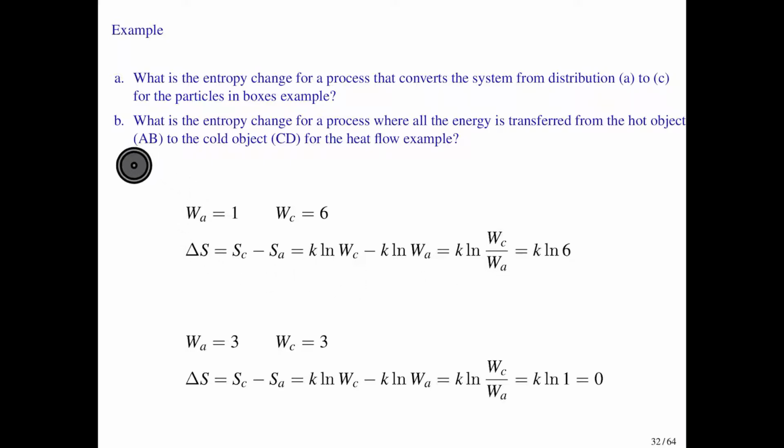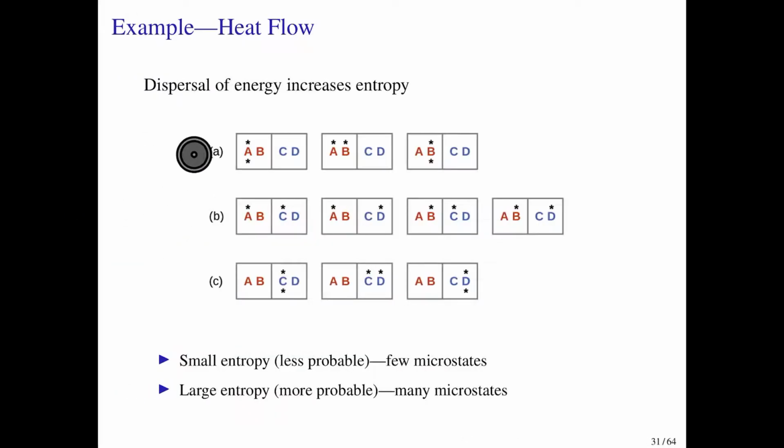For part B here, they want us to use the hot-cold objects, and they want us to calculate the entropy change for going from this state A here to state C here. That is, take all of the excess thermal energy on the left and move it all to the right. And so we need the number of microstates in each of these macrostates.